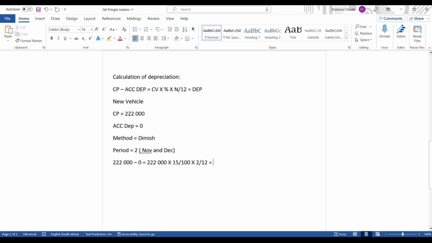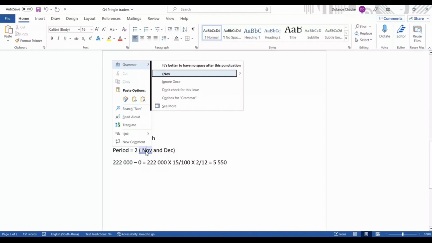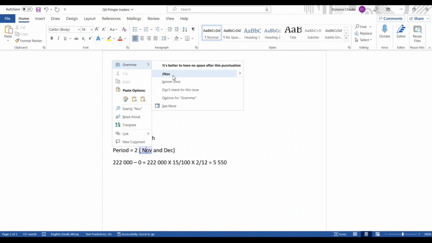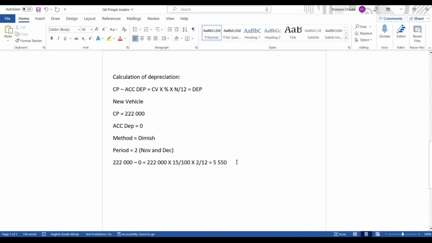So the depreciation for the new vehicle is 5,550. Are we good? Is everyone on the same page with us? Can we proceed? Yeah, we can.